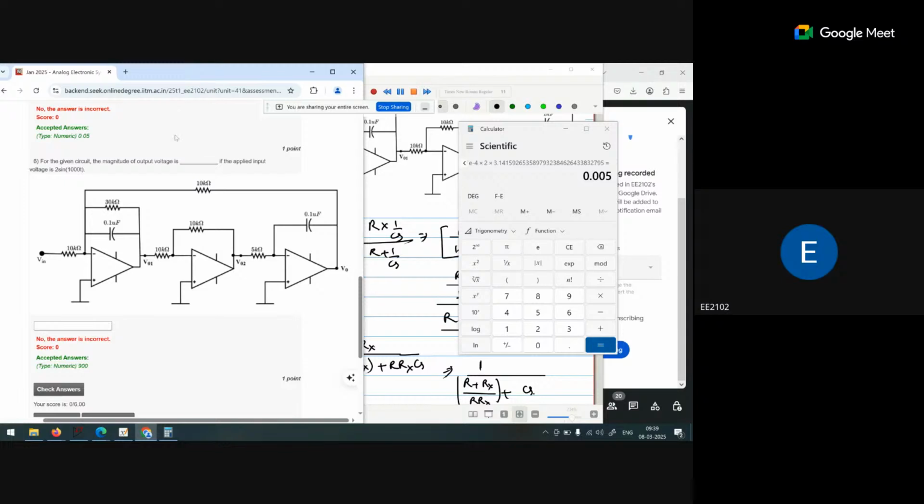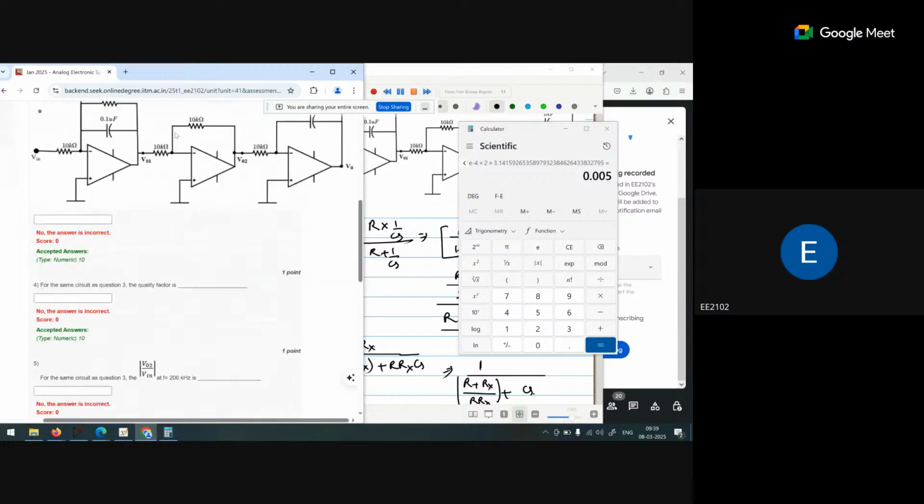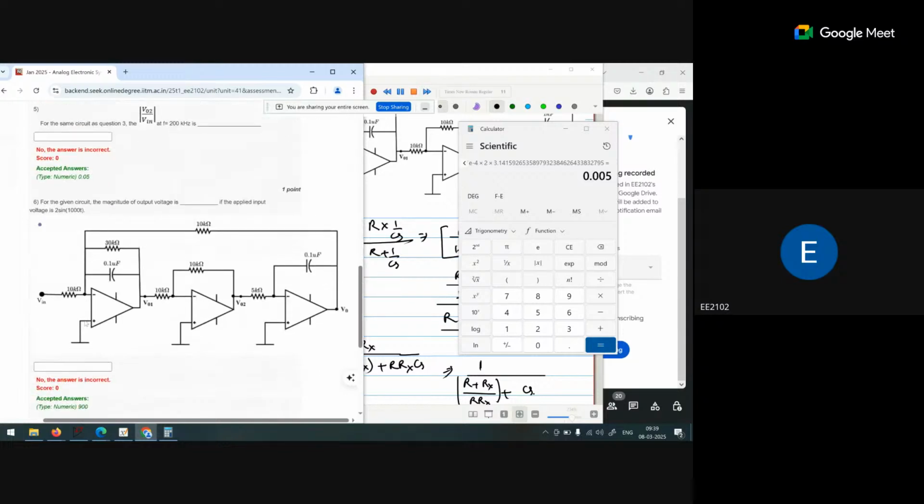Similar question to the previous one. If you solve the previous one, this is similar. Now here we are given the omega value. Omega value is 1000. Now put the value of omega and calculate the output voltage in terms of V in. We will calculate the magnitude.